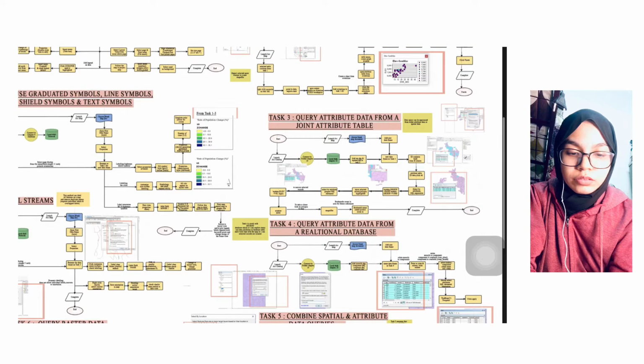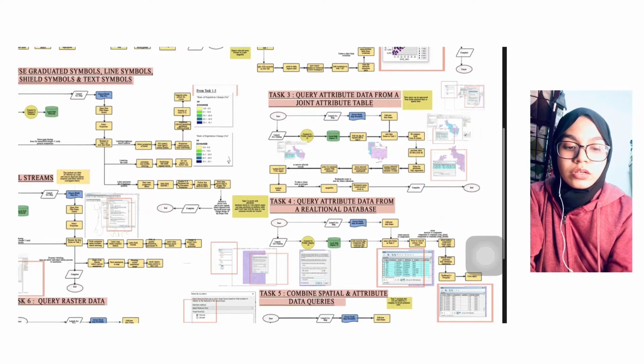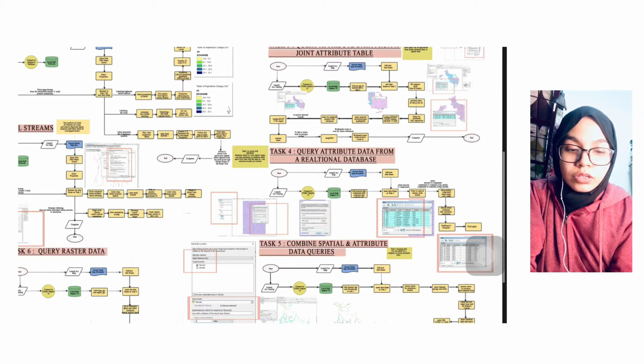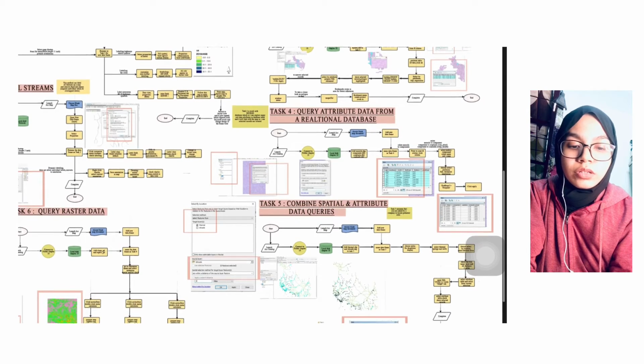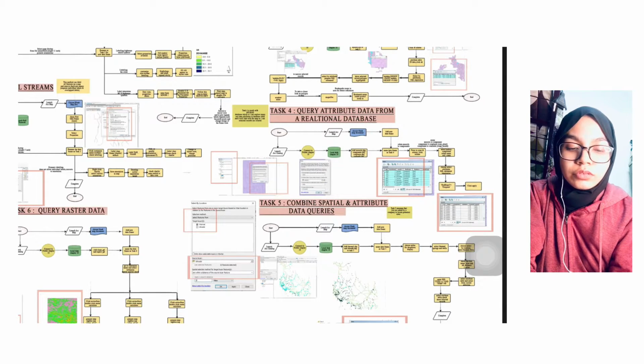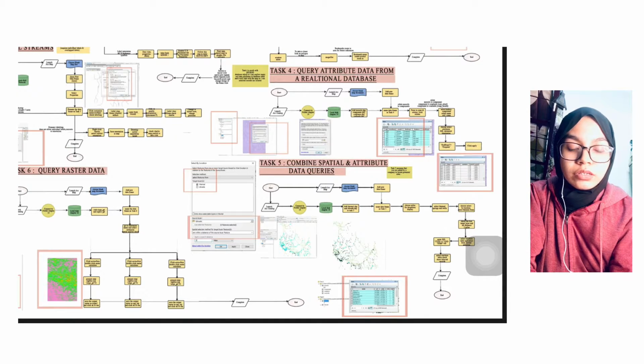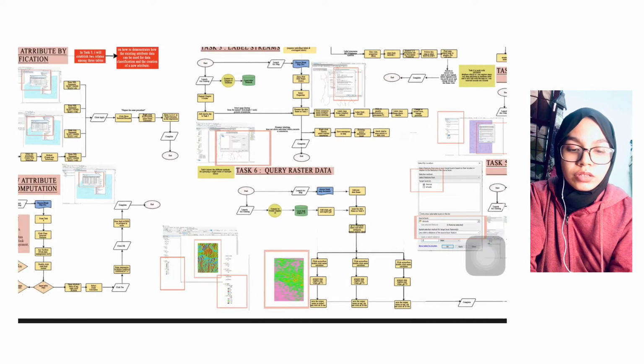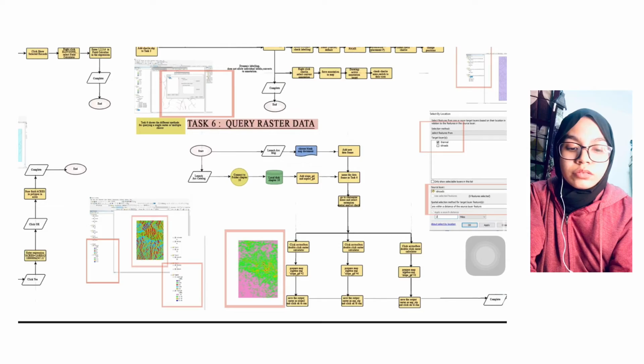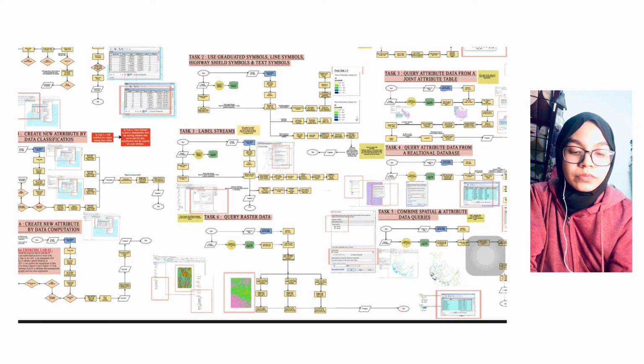Task 3 is to query the attribute data from a joined attribute table. Task 4 is to query attribute data from a relational database. Task 5 is to combine spatial and attribute data queries, and Task 6 is to query raster data.